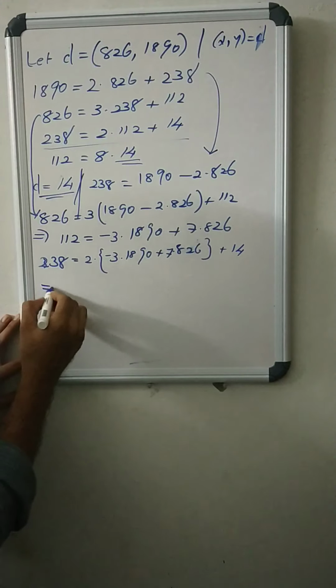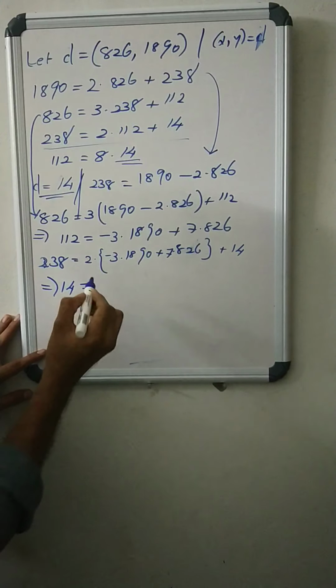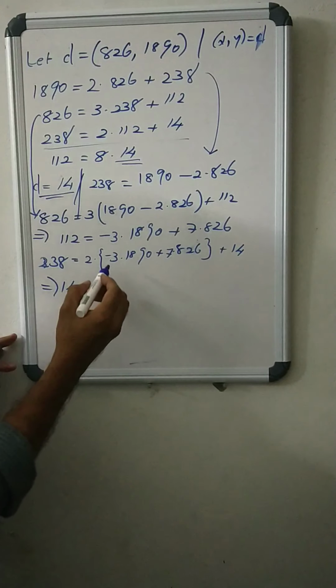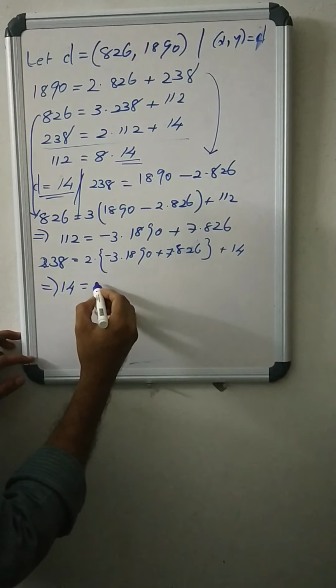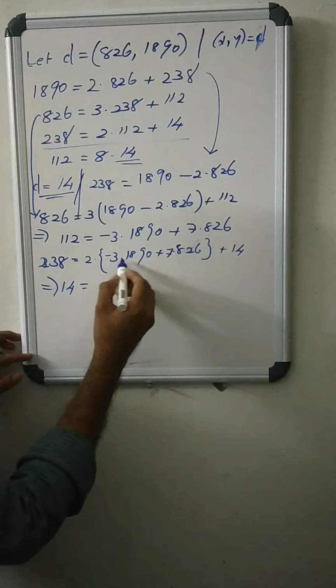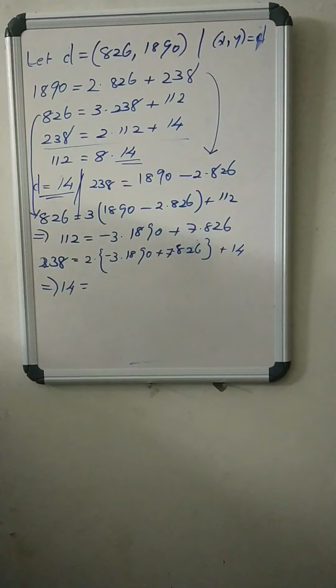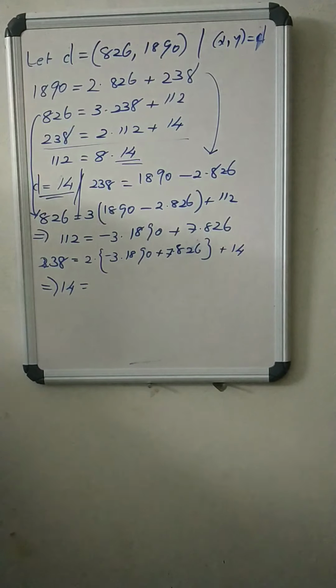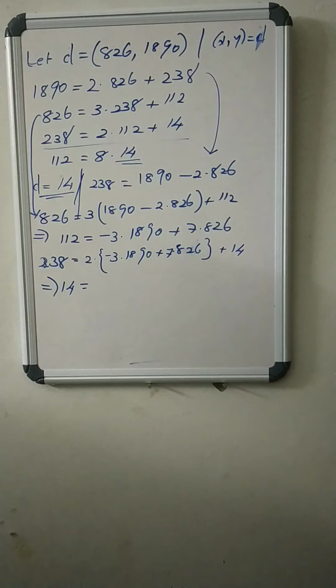So that means what is 14? 14 equals, then bring all these quantities to here. So it is 2 into minus 3, minus 6. So it is plus 6 into 1890 plus 7 into 2, 14, minus 14 into 826.